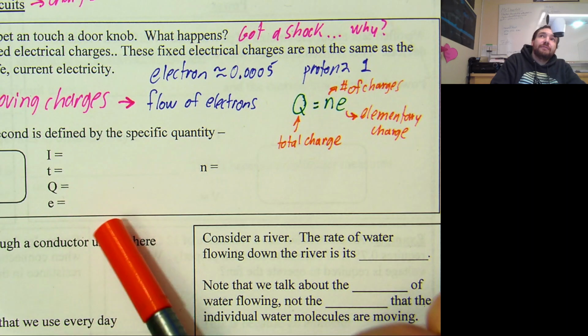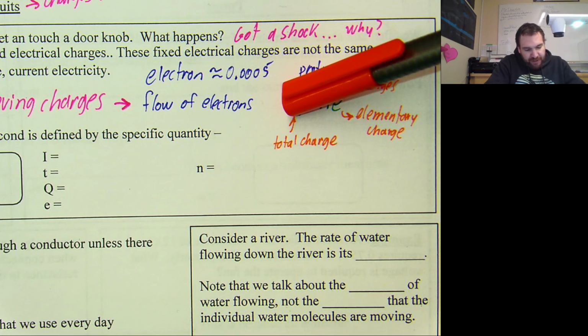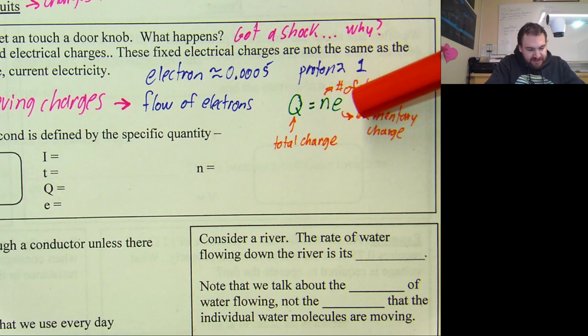So the total charge Q is given by the number of charges N times the elementary charge E.